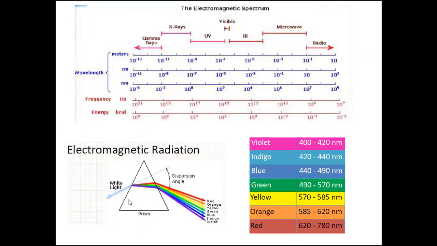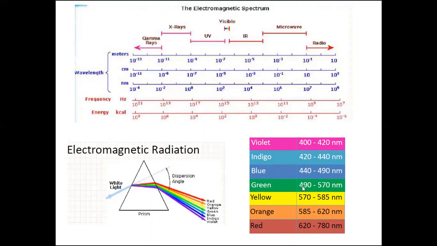If we pass white light through a prism, we get 7 colors of light with different wavelengths. For violet light, the wavelength is from 400 to 420 nanometers. For indigo, it is 420 to 440 nanometers. For blue, it is 440 to 490.